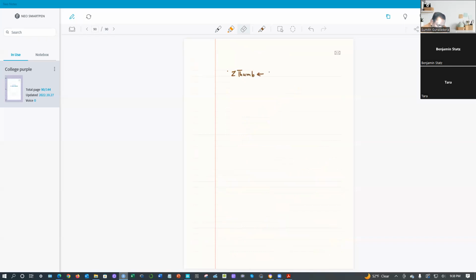You can say Z score of thumb. You go to data, tiny fingers is the data name, dollar sign thumb. The other one I'm gonna say is Z height, the Z score of tiny fingers data, dollar sign height.